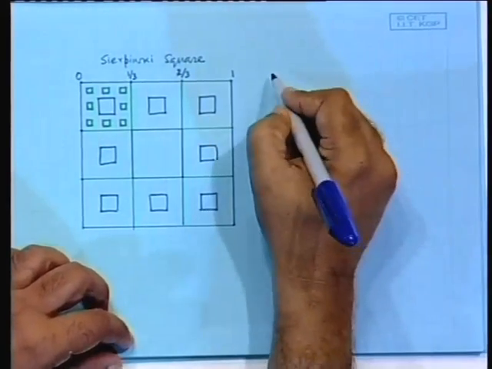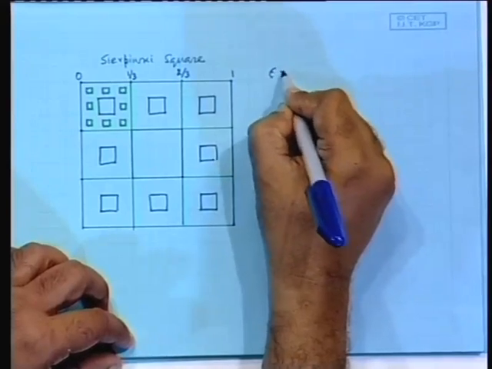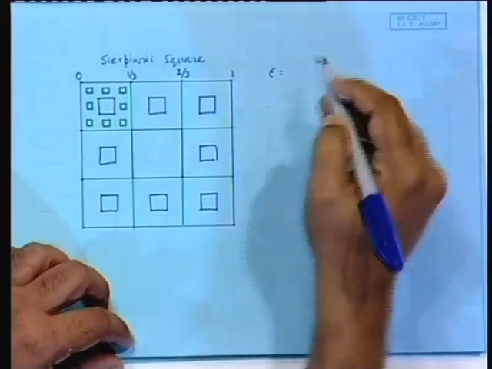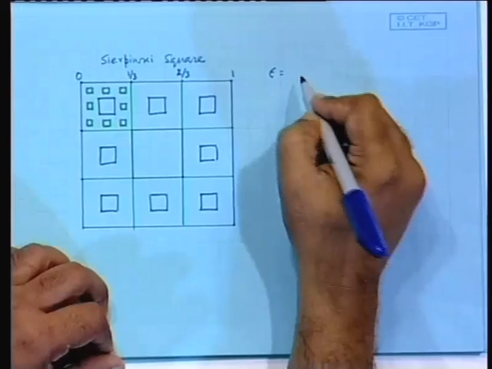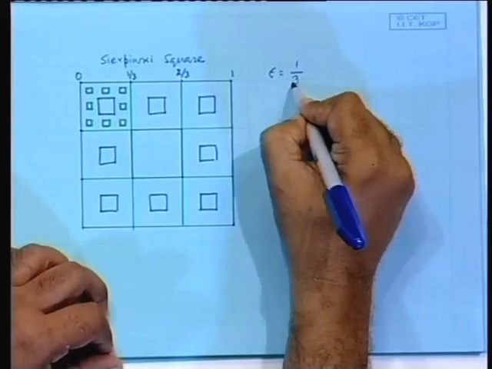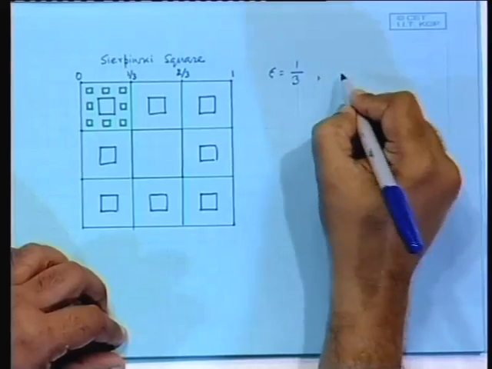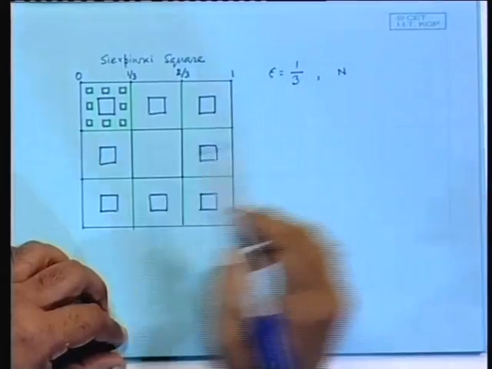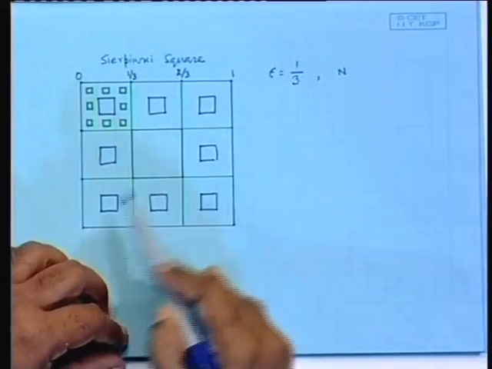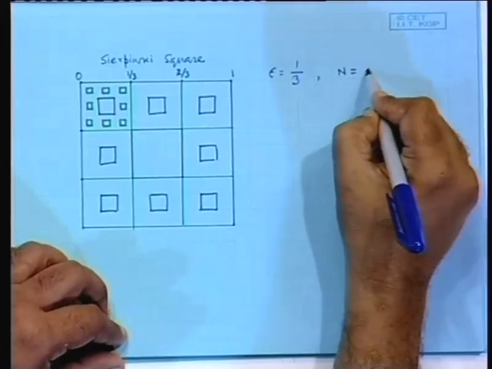Obviously, epsilon is 1/3, 1/3 is the side of the box, then at that stage what is n? 1, 2, 3, 4, 5, 6, 7, 8. So, n is 8.